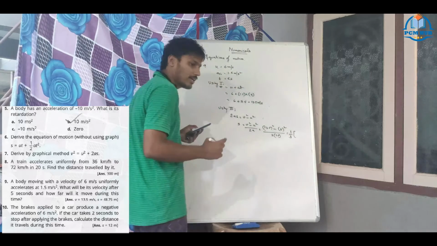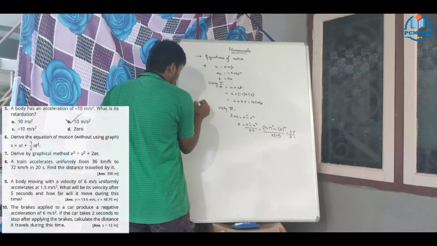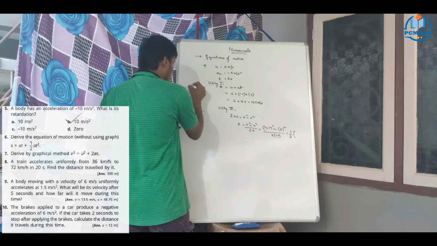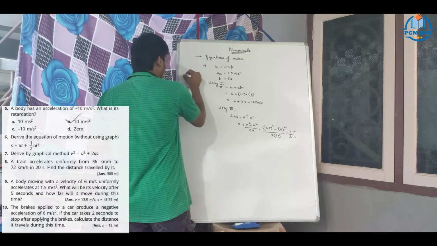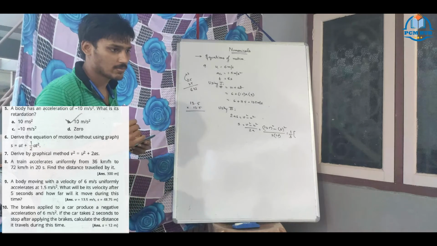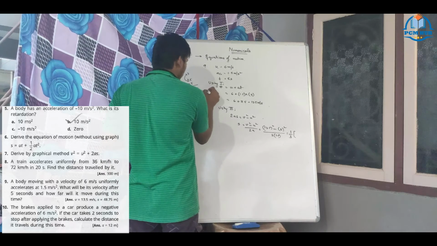13.5 whole square. I already told you earlier in maths. 13.5 into 13.5. So for multiples of 5 like 25 into 25: when we do 5 fives are 25, and its next number 2 is 3, so 2 threes are 6, giving 625. Similarly, one more I will show you: 75 into 75.